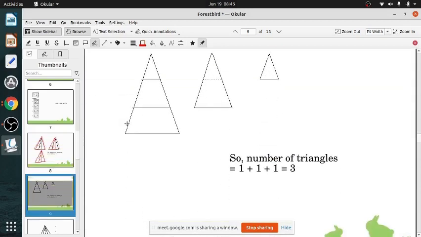So either you take all the things together, that is 1, or you take the top one and the bottom one, till this one, or you take only the smaller one. So here you get 1 plus 1 plus 1. You don't get 1 plus 2 plus 3. Vertically it is not 1 plus 2 plus 3; horizontally it was 1 plus 2 plus 3.